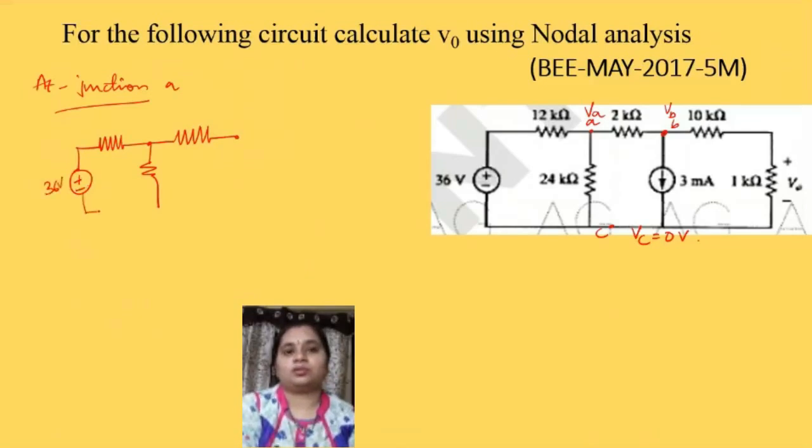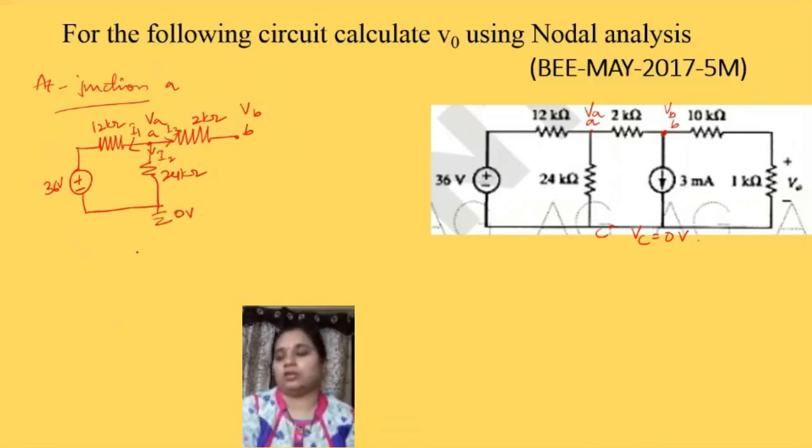There is a 6 volt... this is A, this is B, this is 2 kilo ohm, this is 12 kilo ohm, and this is 24 kilo ohm. Here it is VA and here it is VB. At a junction, we always take the currents as leaving. So here I1, I2 and I3. As this is ground, it will be 0 volts.